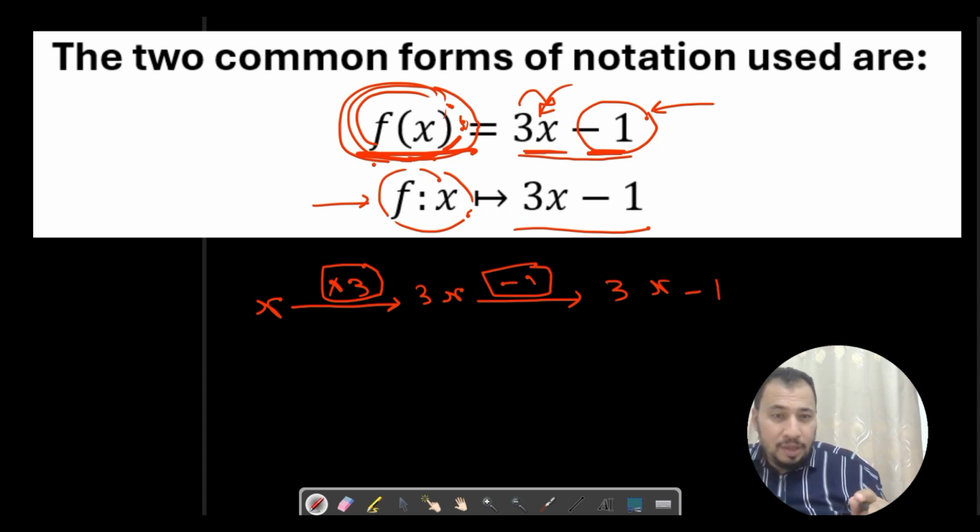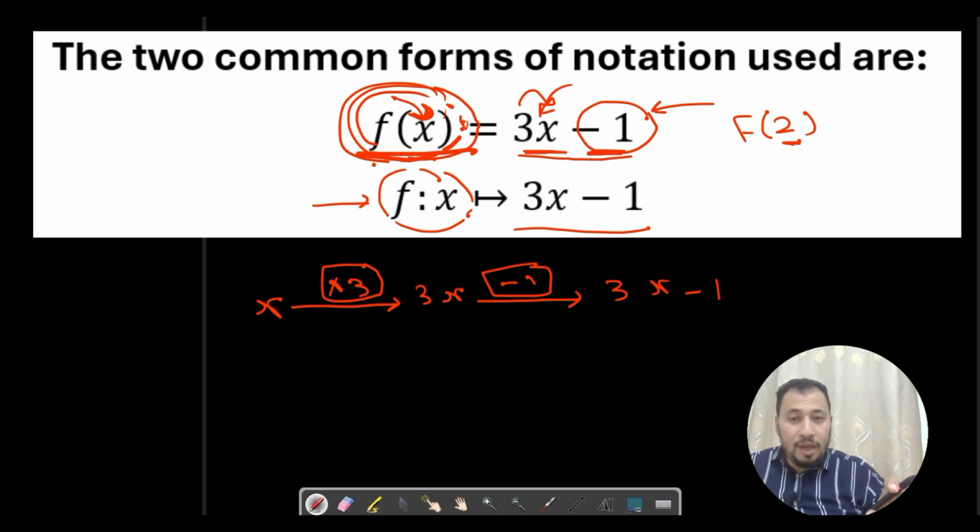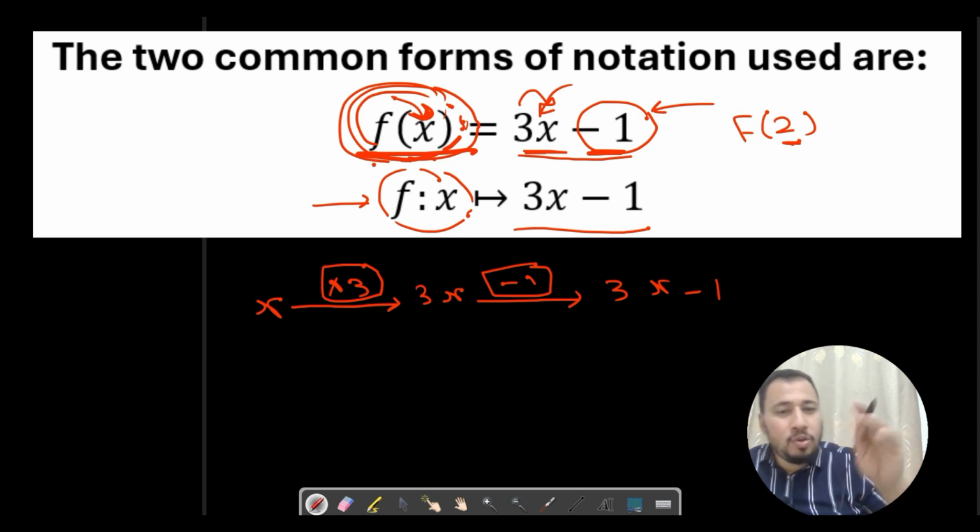With variables only, maybe you can't understand it properly. Here, if I want to find, for example, f of 2, if you notice what happened, this x here is replaced with 2. All you have to do now is just replace x with 2 and do the same operations.